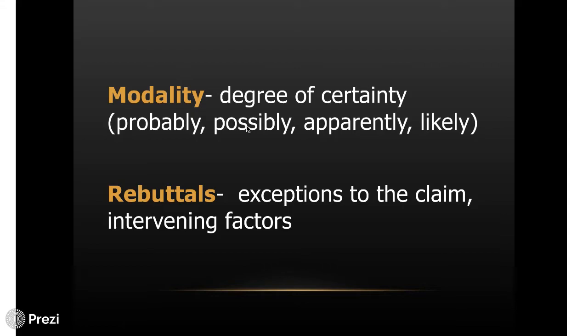But probably, usually, never, that's the probability of something happening. If you set something up where you say always or never, you're giving your opponent a pretty easy element to attack, because all they have to come up with is one exception. And if you can locate that one exception, then you can essentially discredit it.